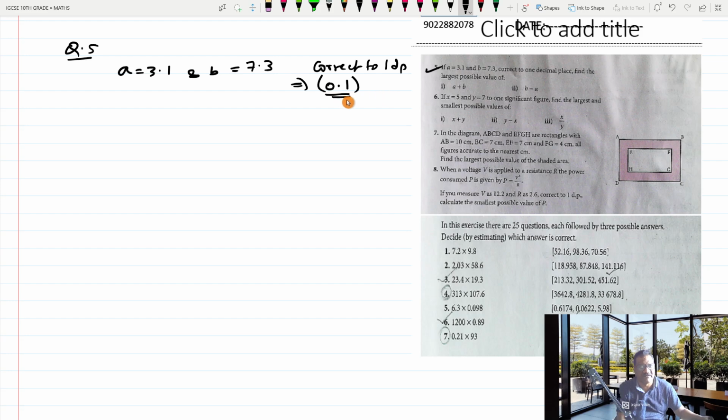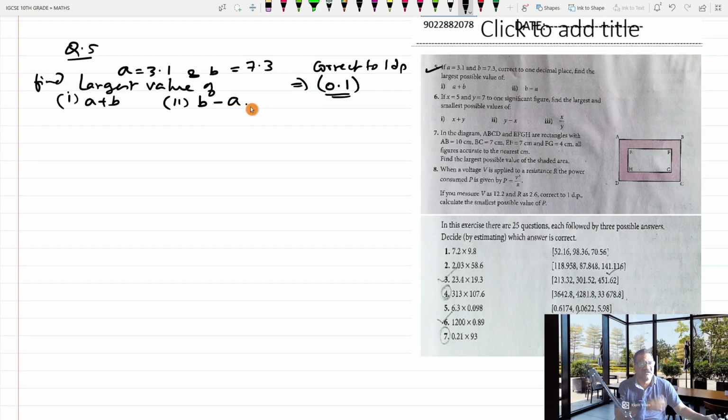Further it says find the largest possible values of A plus B, and the second one is B minus A.